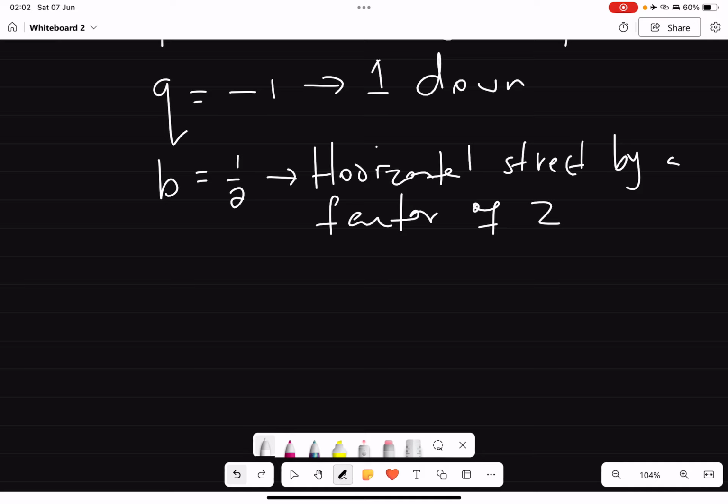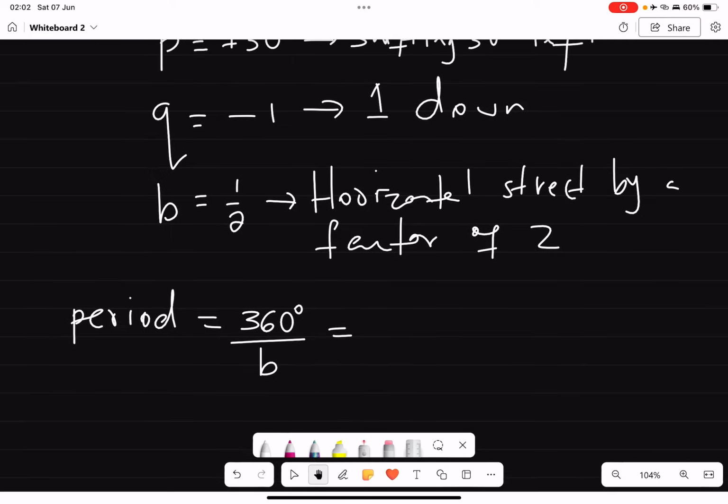Right. Now, the next question wants us to find the period of this function. Remember we said period for sine and cos, it's always 360 degrees divided by b, right?